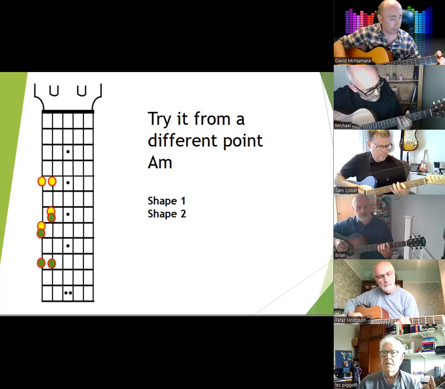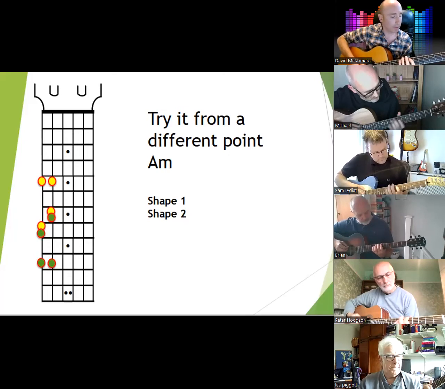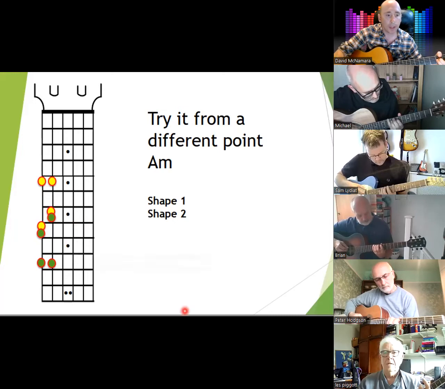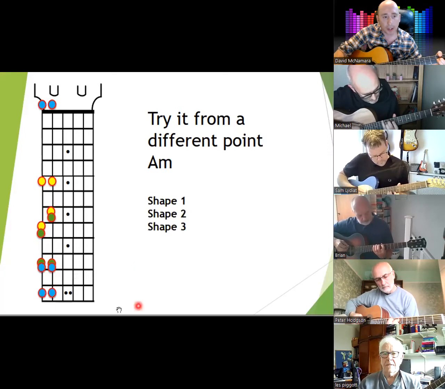Shape 2. Yeah. So it always goes in this direction, Les and Brian. And then shape 3 is after it. So if you notice, the end of shape 3 is on the 12th fret, which is the same as your zeros there.